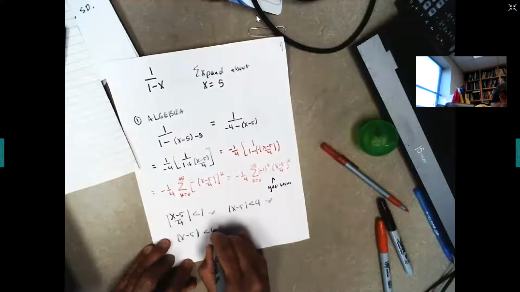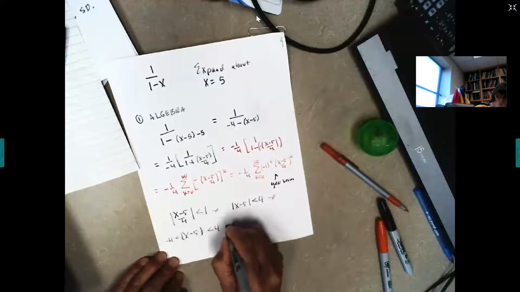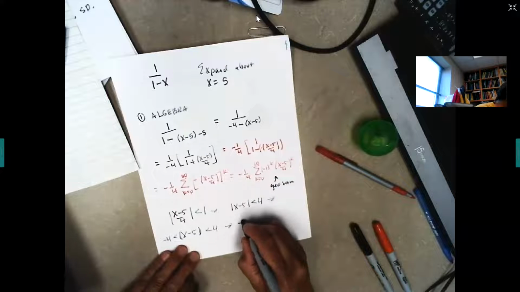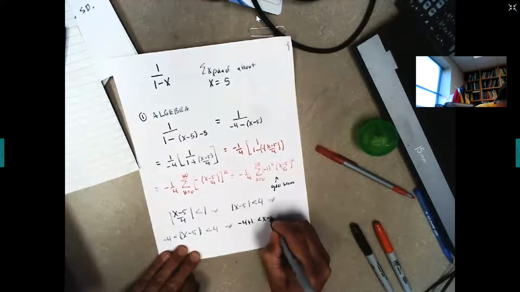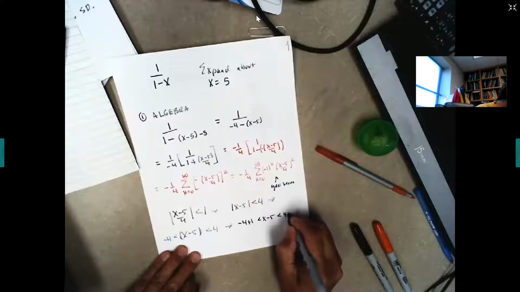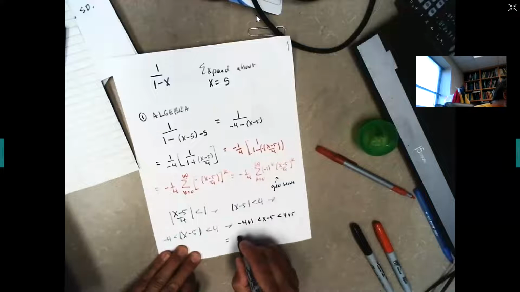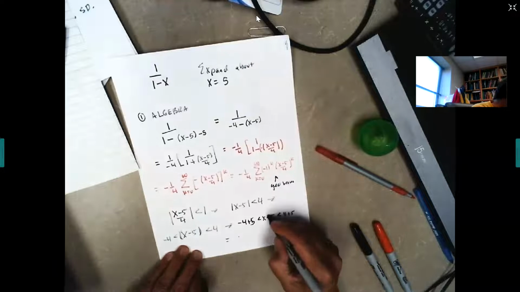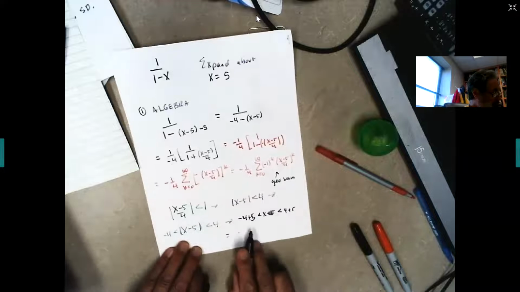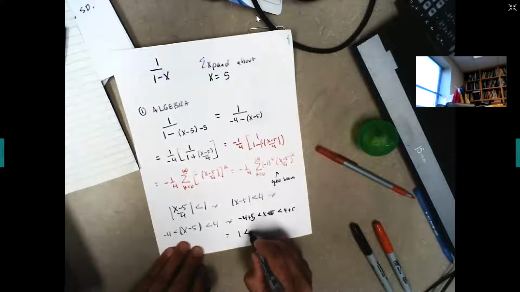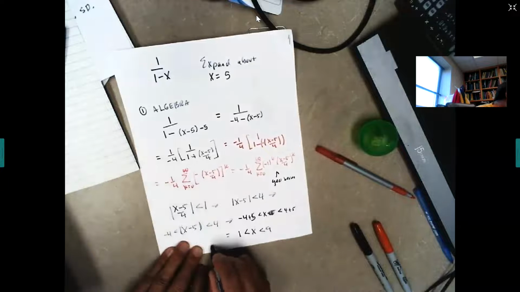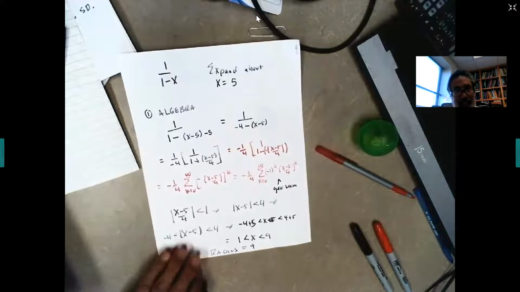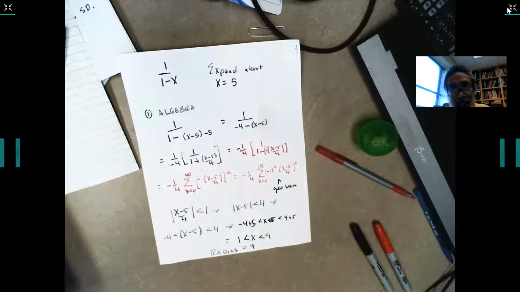Removing the absolute values, x minus 5 is between 4 and negative 4, which now, adding 5 to both sides, turns out to be between 1 and 9, and the radius equals 4. Okay, so that's how that was.